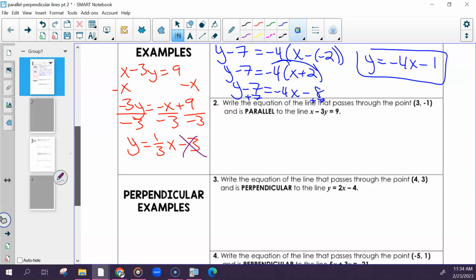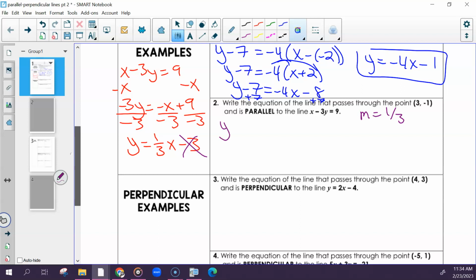If we're writing a new equation that is parallel to this one, what would the slope be? 1/3. So now you have your slope, you have your point, use your point slope formula.